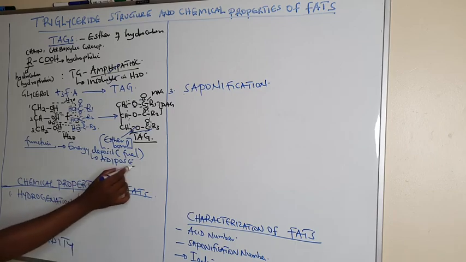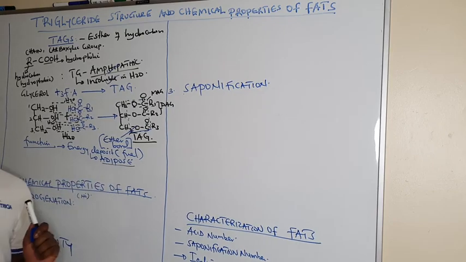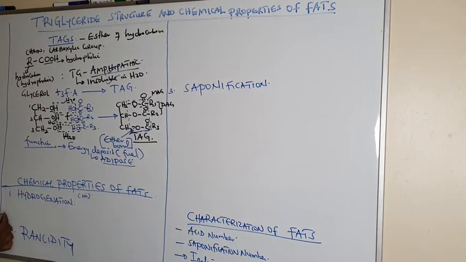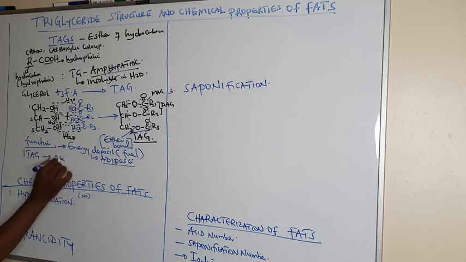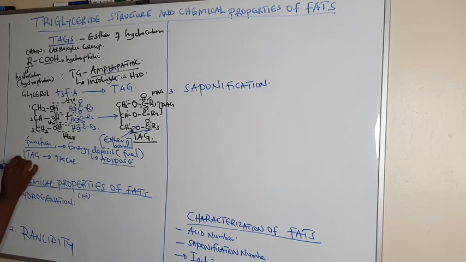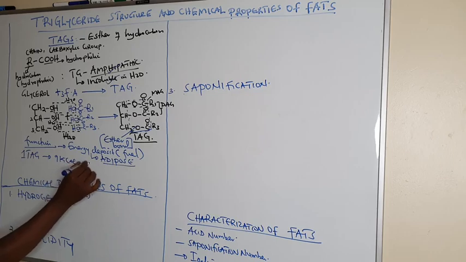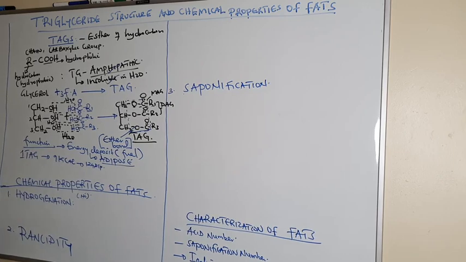So in case all carbohydrates are used up, we can now use the energy from adipose tissue. And one triglyceride molecule gives 9 kilocalories of energy. Or we used to say one molecule of triglyceride can bring about 129 ATPs.